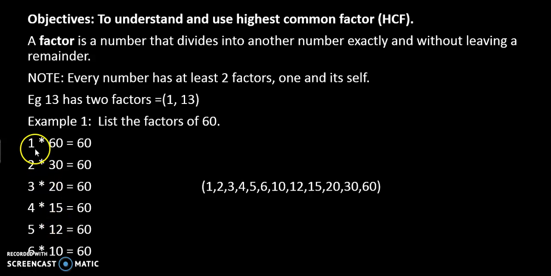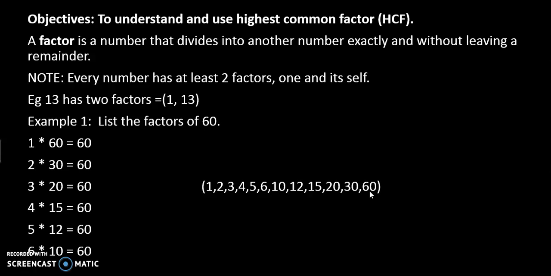So these numbers that you are multiplying to get 60 are the ones we call factors. Okay? So all these numbers here are the factors of 60. So we shall come here and write them: 1, 2, 3, 4, 5, 6, 10, 12, 15, 20, 30, and 60.